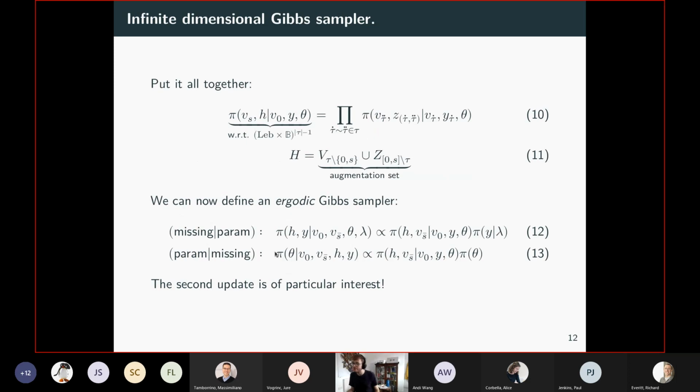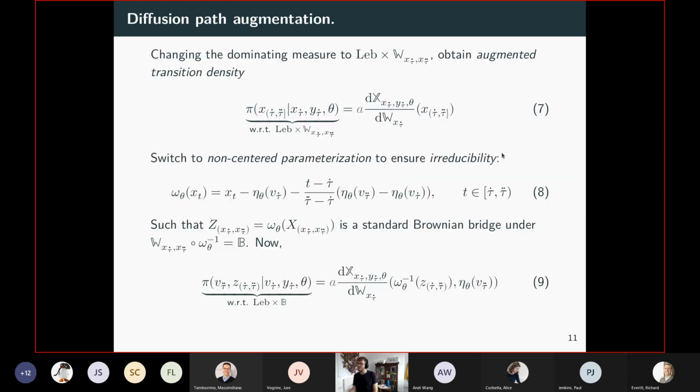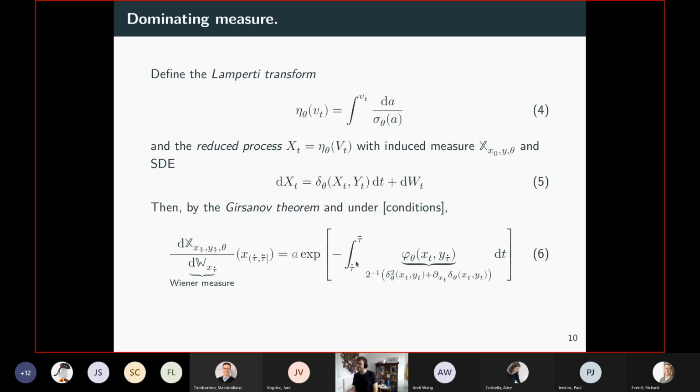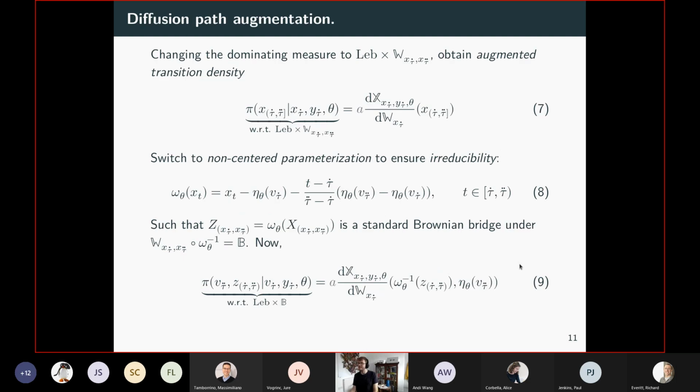But if you remember, in our definition of these densities, pi of h and theta given everything else, we have these path integrals over a rough path X. So these we can't evaluate exactly in finite time.